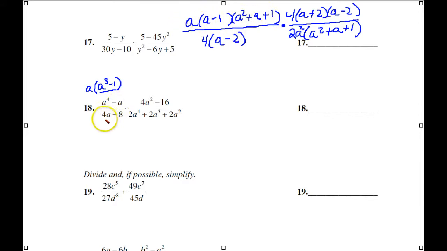And then here, if we factor out a 4, we get this. And here, if we factor out a 4, we get a squared minus 4, which is the difference of perfect squares, which will factor into its conjugates. And then here, if we take out a 2a from each term, 2a squared, then we're going to get this.